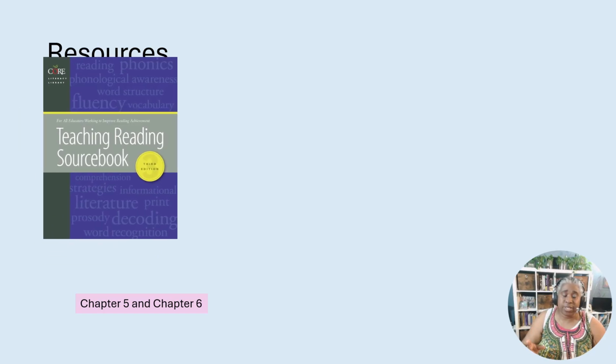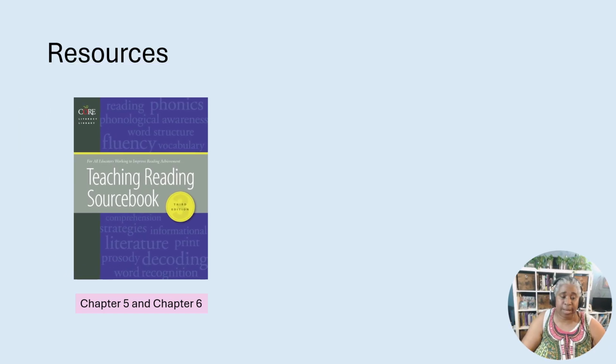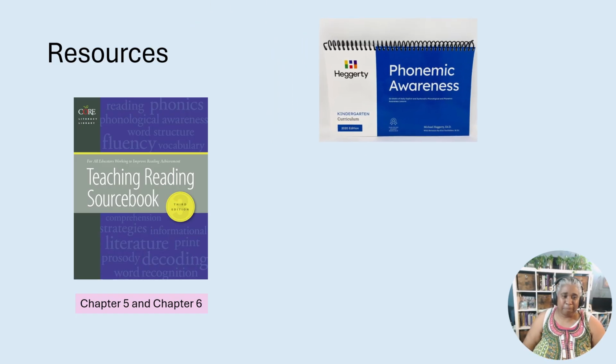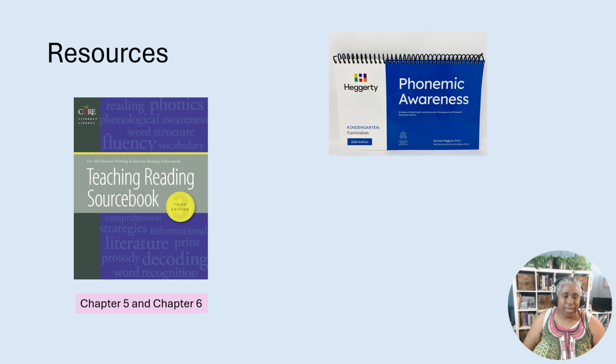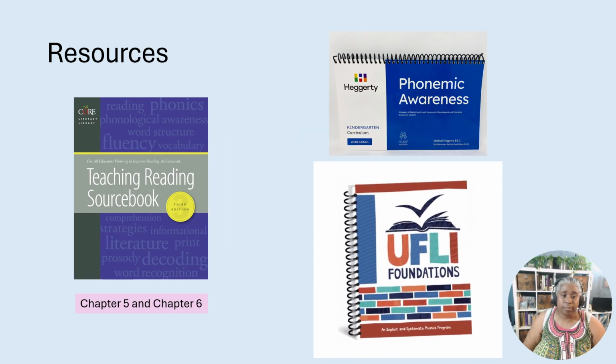Okay, so I got some resources here for you. We refer to chapters 5 and 6 in our core textbook. It's a great resource for phonemic awareness, phonics, and phonological awareness activities, and some theory. And we have our supplementary course materials, the Haggerty, which if you need a copy of, I have some extra copies, and then the UFly, if you need a copy, I still have an extra copy or two.